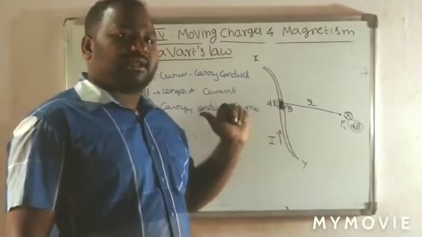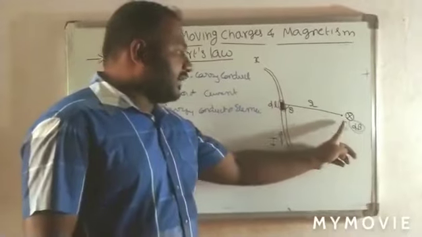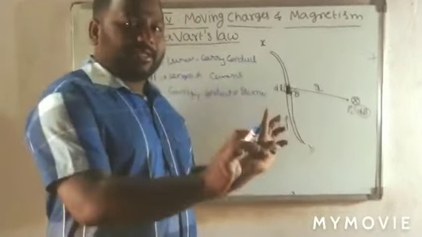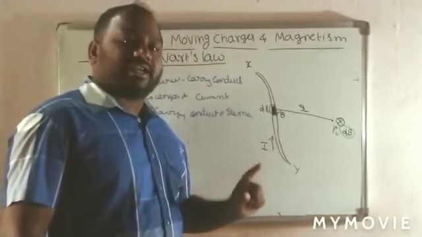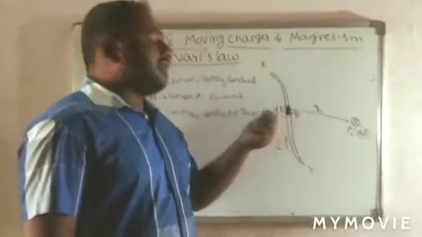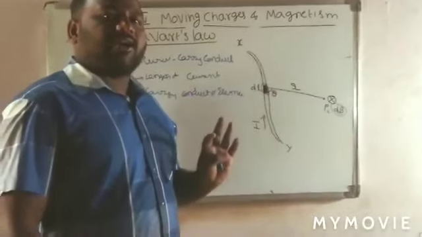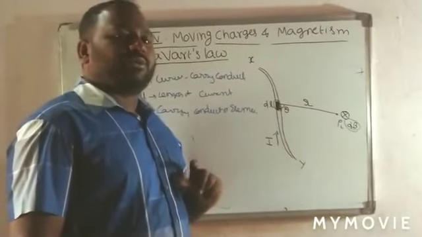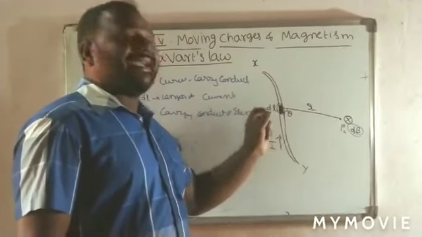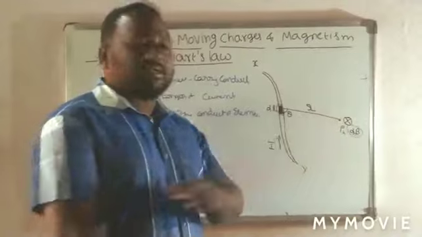The Biot-Savart's law will give the magnetic field at point P due to this current carrying element. If you take any particular shape, you apply the integration, that will give the total magnetic field. So first, according to Biot-Savart's law, we are going to write the magnetic field due to the current carrying element at the point P.